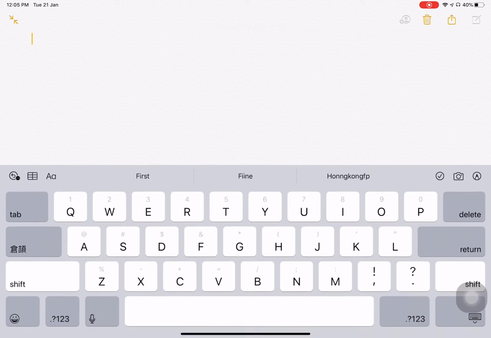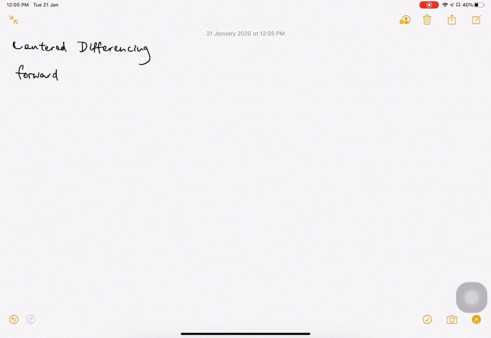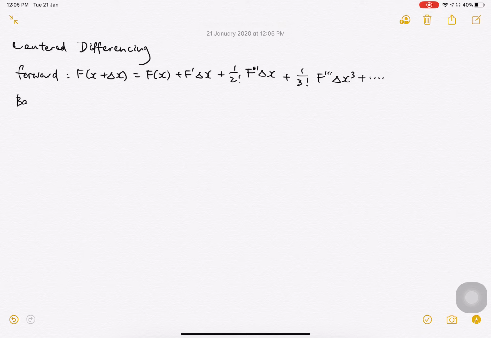Okay, so for center differencing, we are combining the forward differencing and then backward.